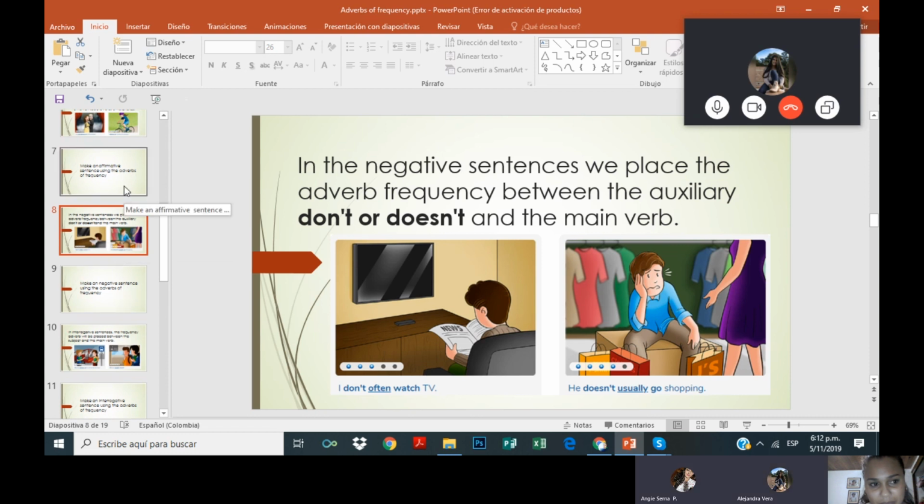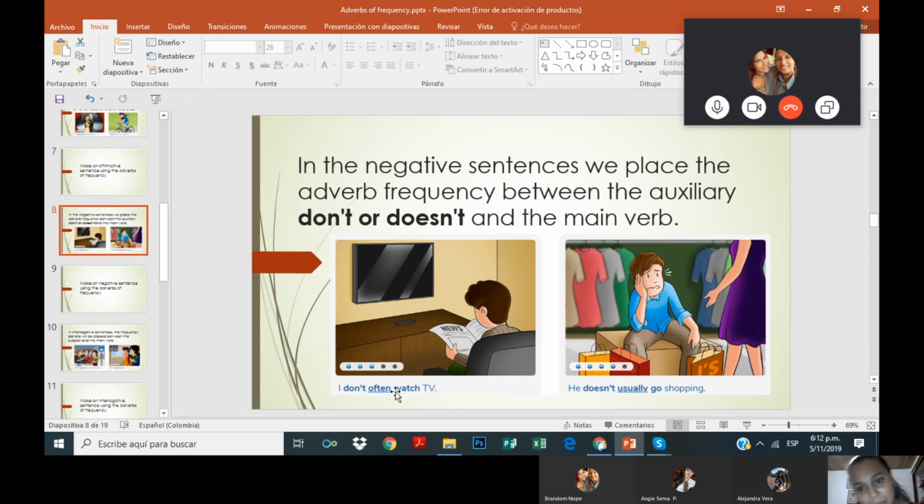What is the exercise? In negative, the structure is subject plus don't plus adverb of frequency plus verb plus complement. For example, I don't often watch TV, or he doesn't usually go shopping.